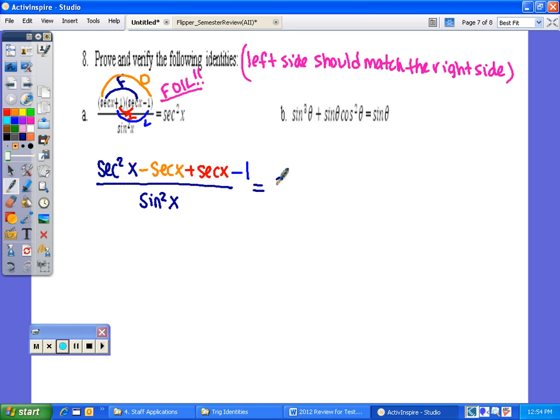Remember, our goal is that this equals secant squared. Well, if you look in the middle here, negative secant plus positive secant, they can cancel out because they are opposites. So we're left with secant squared minus 1.